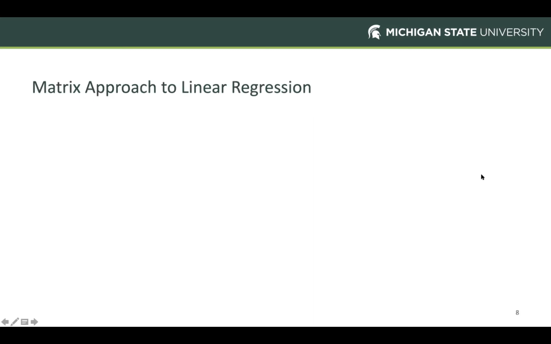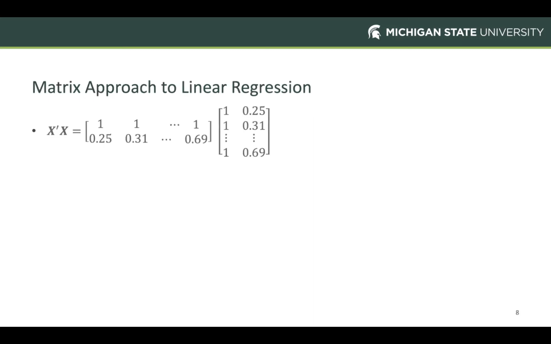And so just working through the preceding setup we had with respect to the linear algebra, here we have our matrix X prime times X. And so working through the math here, our sample size n, or 12, is what we see in cell A. B and C are just the summation of our x's, and so 5.39.